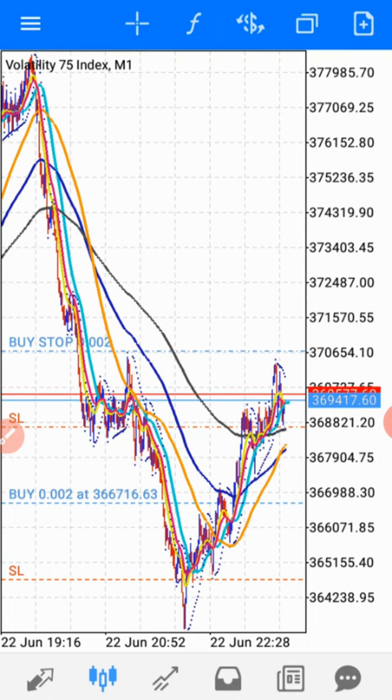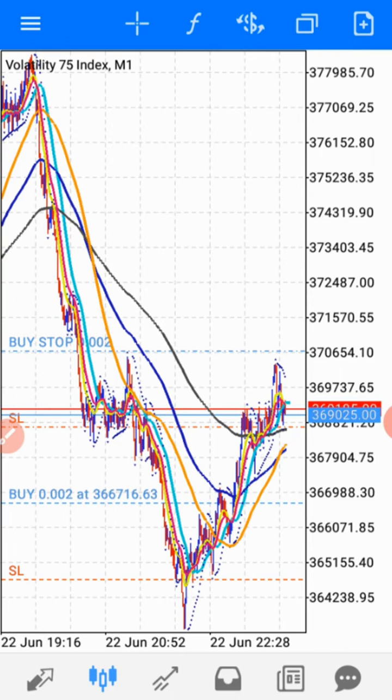Second entry is when my light blue, yellow and pink cross the blue, and my third entry is when my light blue, my red, my pink and my yellow cross the black. So those are three entries. Now I will wait to have another entry.